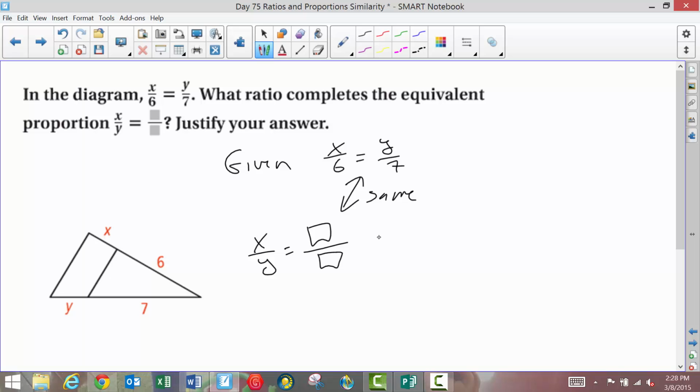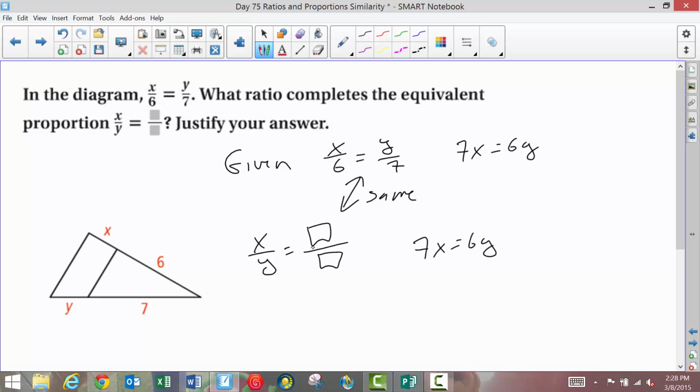They don't look the same, but you have to remember that the product of the means are equal to the product of the extremes. So if I do the cross products, I know that 7x has to equal 6y. Since these proportions are the same, when I do the cross products, I still have to end up with 7x equals 6y.